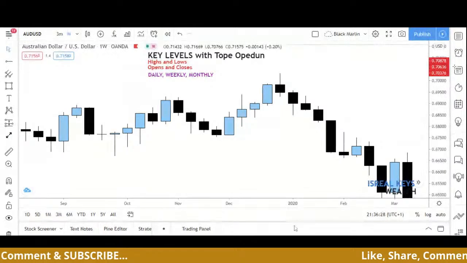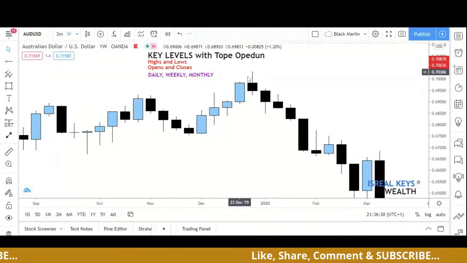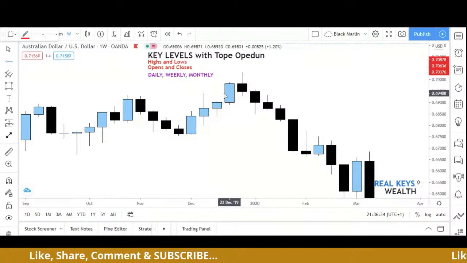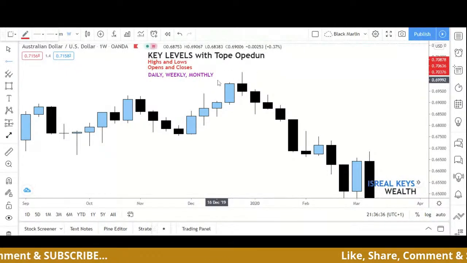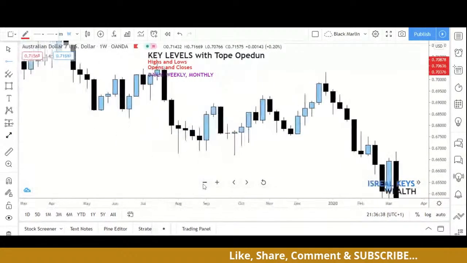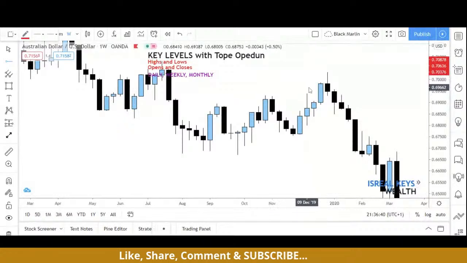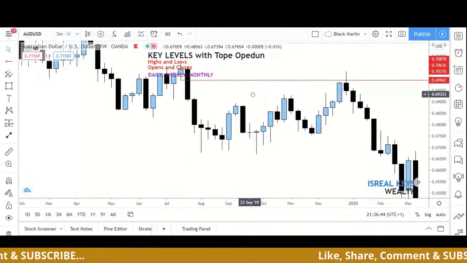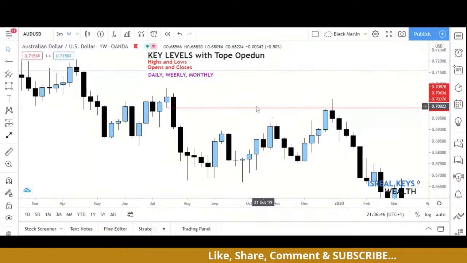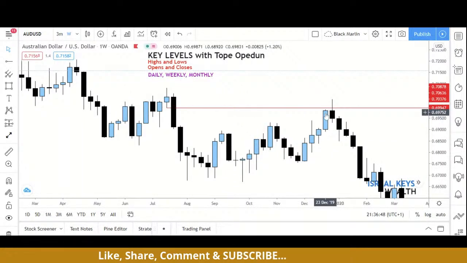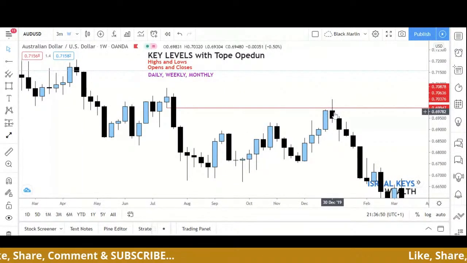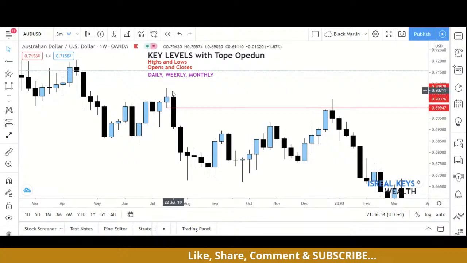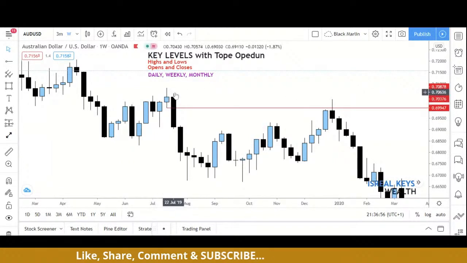Okay, so let's look at some levels for selling. So we see price reversing at the top here, and as it reverses, we are confident to know that it would have taken some highs out or reacted to a weekly low. Okay, so it took out the previous week high. So 30th of December took out the 23rd of December week high, ran into this bearish order block.